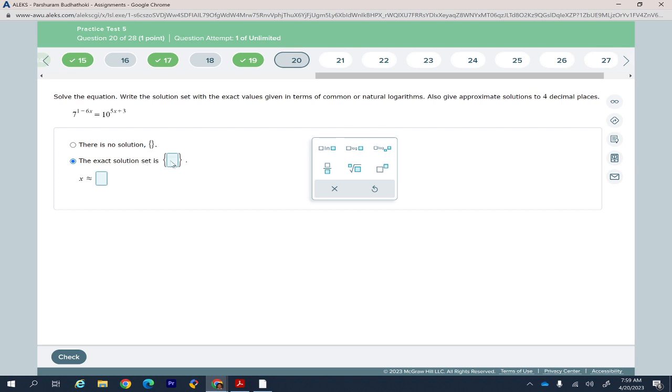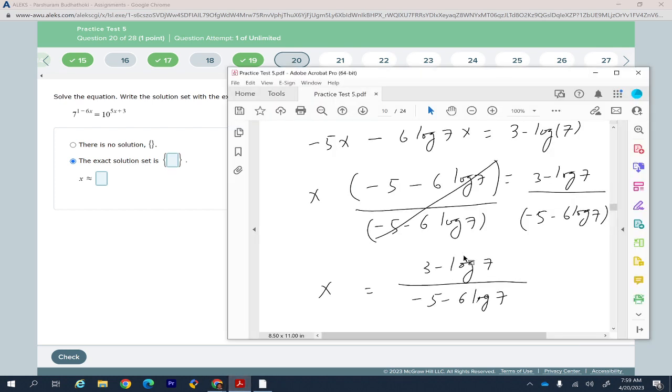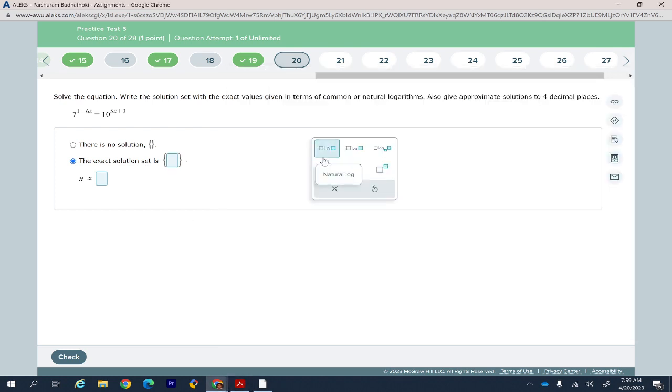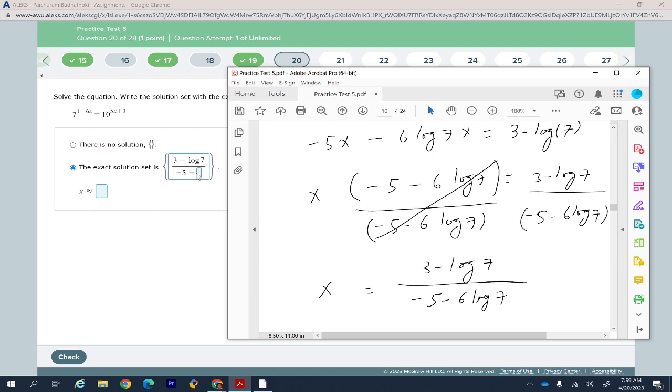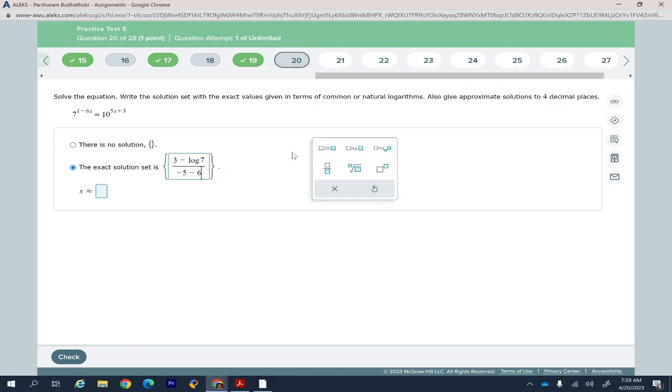The exact answer is 3 minus log 7 over negative 5 minus 6 log 7. That's your exact answer. For the approximation, you just use your calculator.